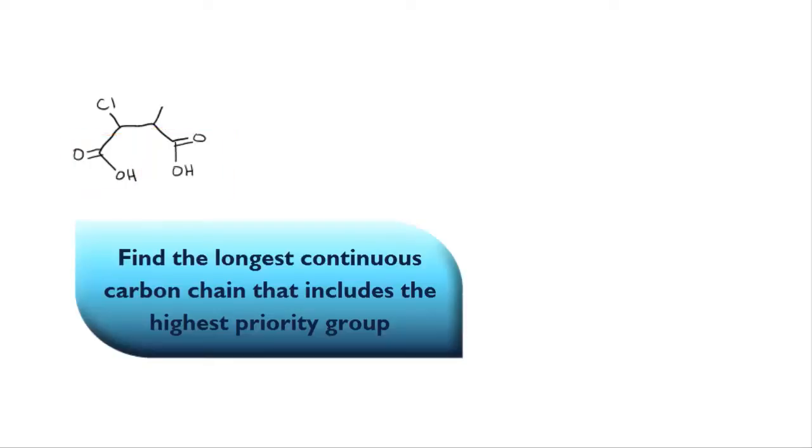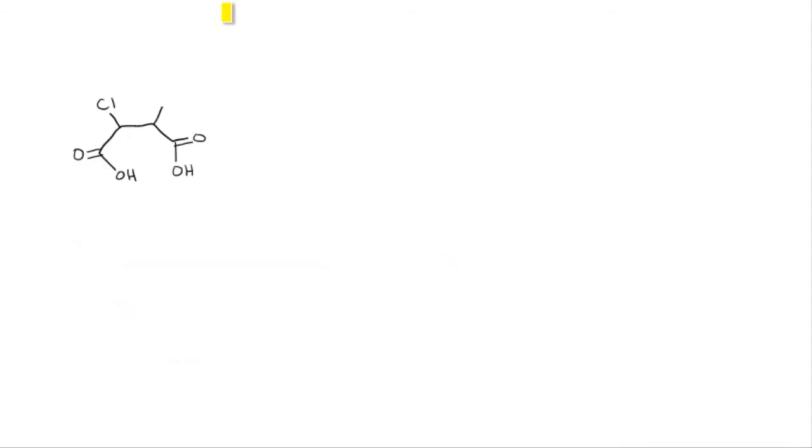The highest priority group is actually both of the 2 acids. So we need to be sure we include both of these carboxylic acid groups in making our parent chain. The longest chain we can get with both carboxylic acids ends up being 4 carbons long, as I've highlighted here in yellow. This gives acid groups on carbons 1 and carbon 4.